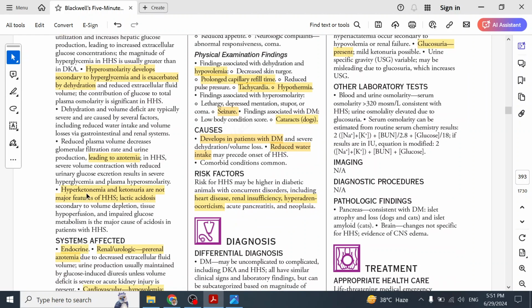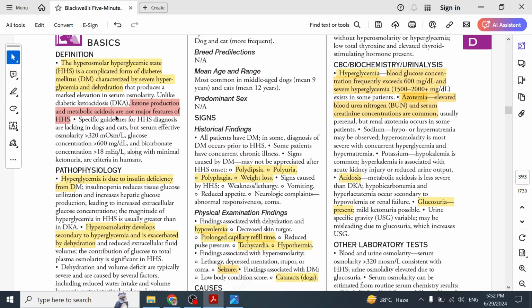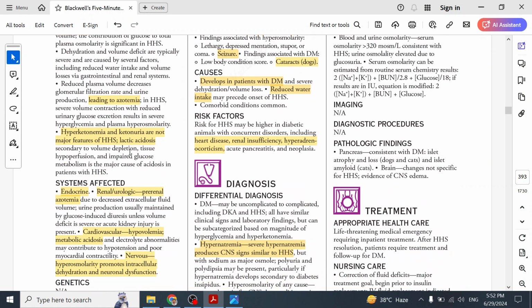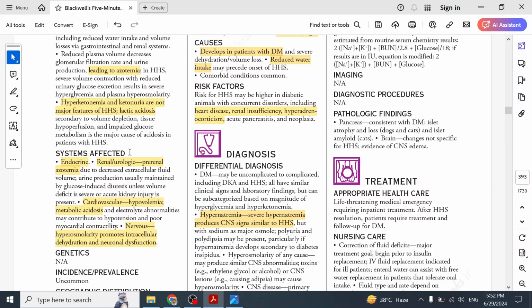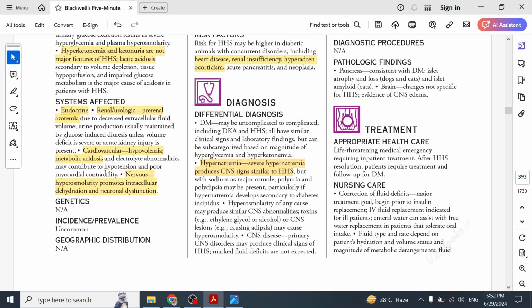Then hyperketonemia and ketonuria are not major features of HHS. Also, lactic acidosis is not a feature of HHS, as we know that ketone production and metabolic acidosis are not signs of HHS. The next thing, the systems affected are endocrine, renal, cardiovascular, and the nervous system, because hyperosmolarity promotes intracellular dehydration and affects neural function.